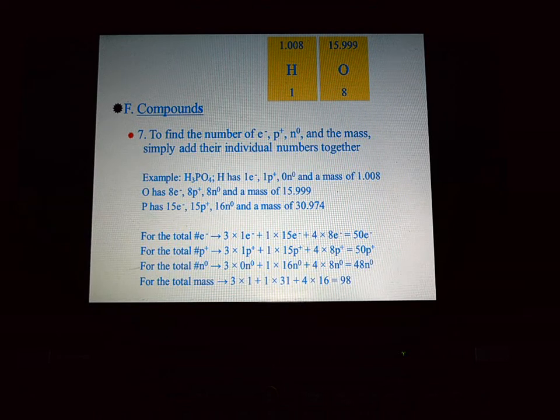And then mass: hydrogen is 1, 3 of them. Phosphorus, 31, that's its mass. And then 4 times 16 for the 64 for the oxygen part. So you've got to add up all those things to get to the totals.